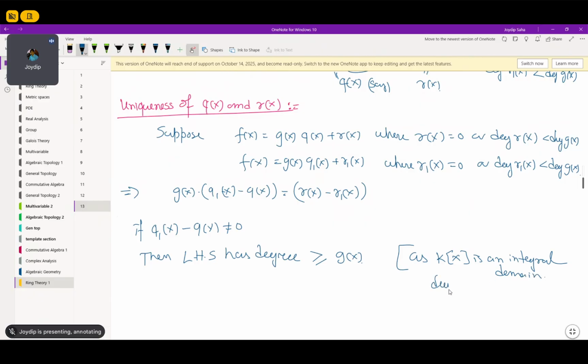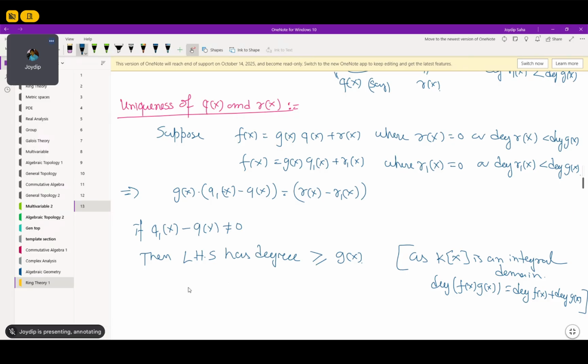So degree of f(x)g(x) equals degree f(x) plus degree g(x). So here degree g(x) plus something, so degree of this is greater than or equal to that. So for uniqueness, we use the integral domain property here.